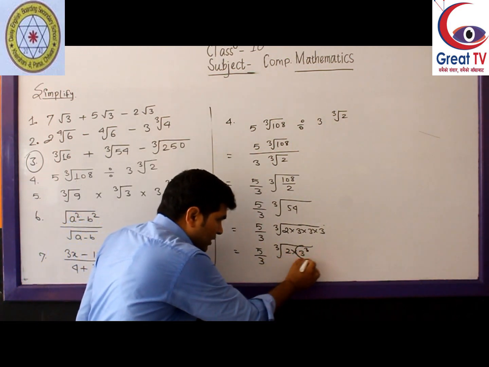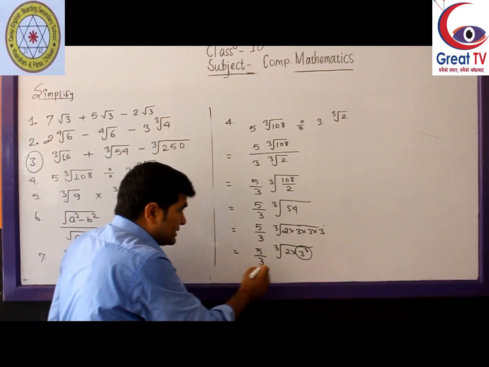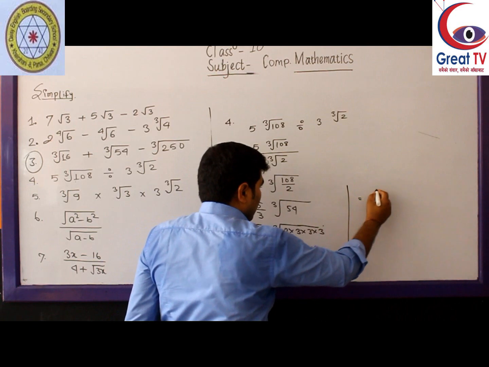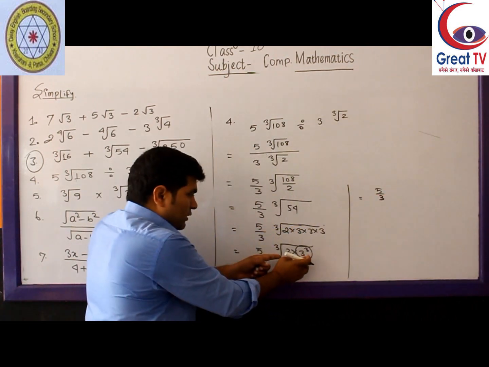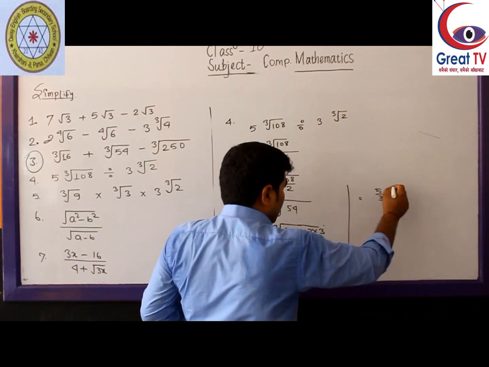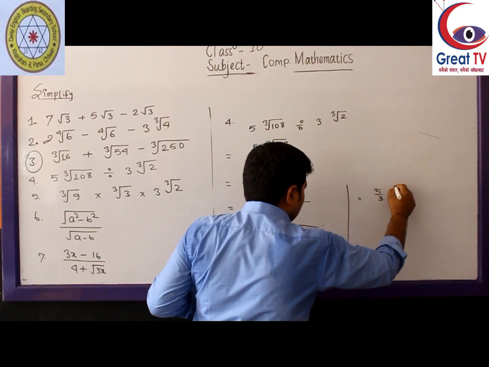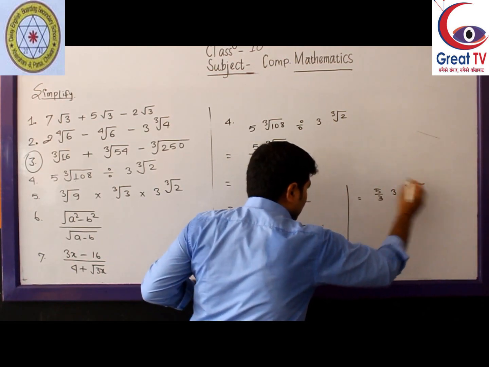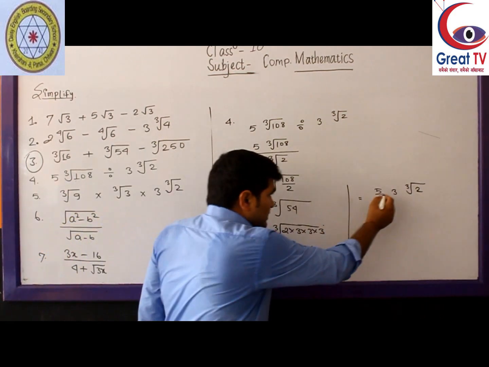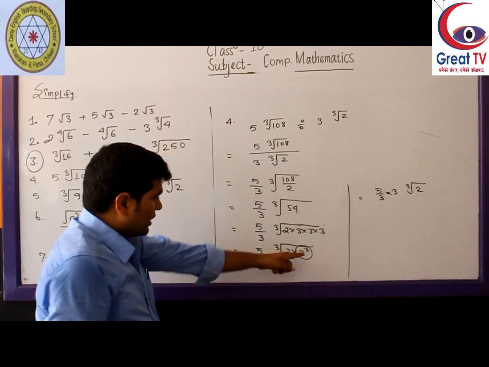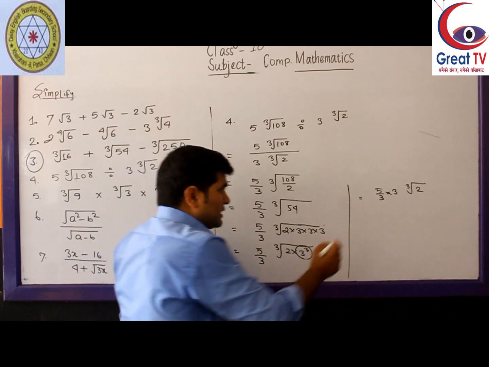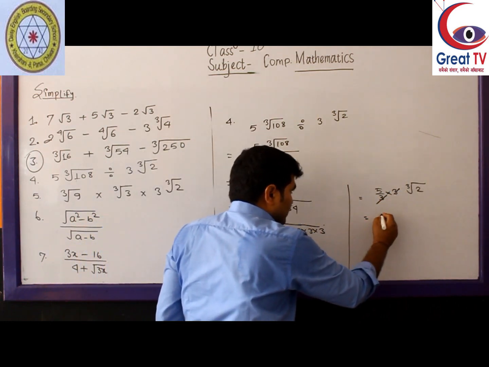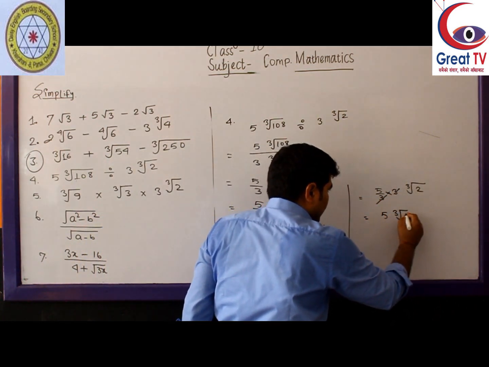Now this 3 we can take out of the radicand. Now this 3 cancels with the 3, equal to 5 cube root under 2.